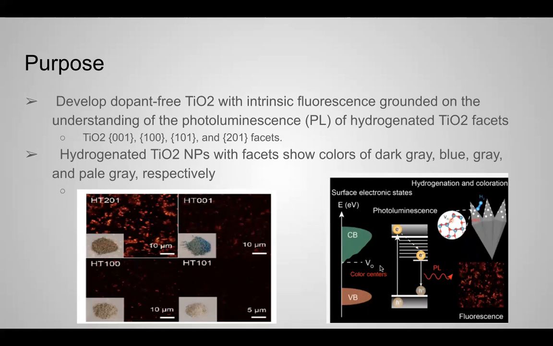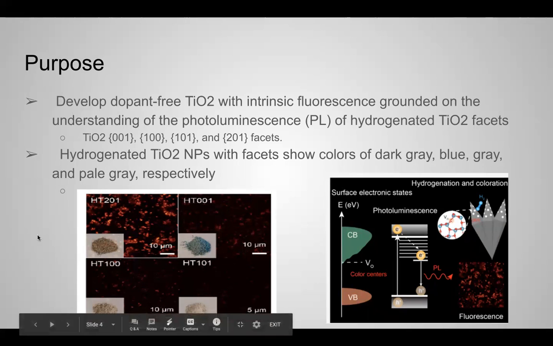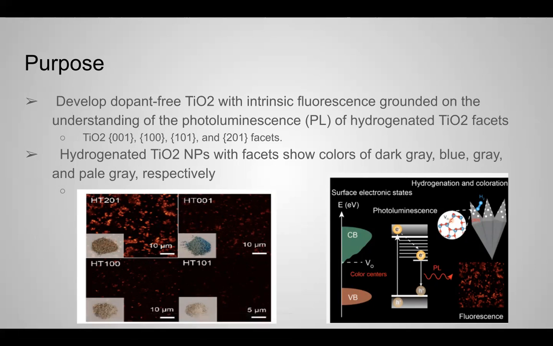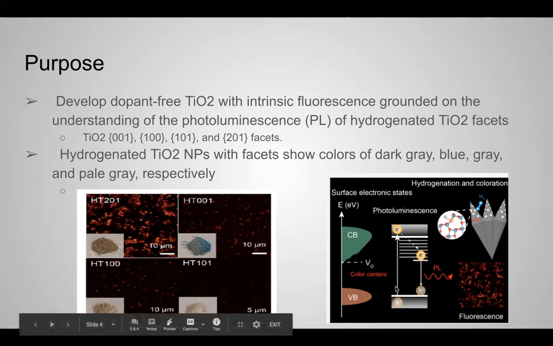As you can see in this illustration, when they were run, this is what they reflect: a dark gray, blue, gray, and a pale gray, respectively. And the way it works, the simple fluorescence is illustrated here, how the color centers and the excitation of energy produce a fluorescence.